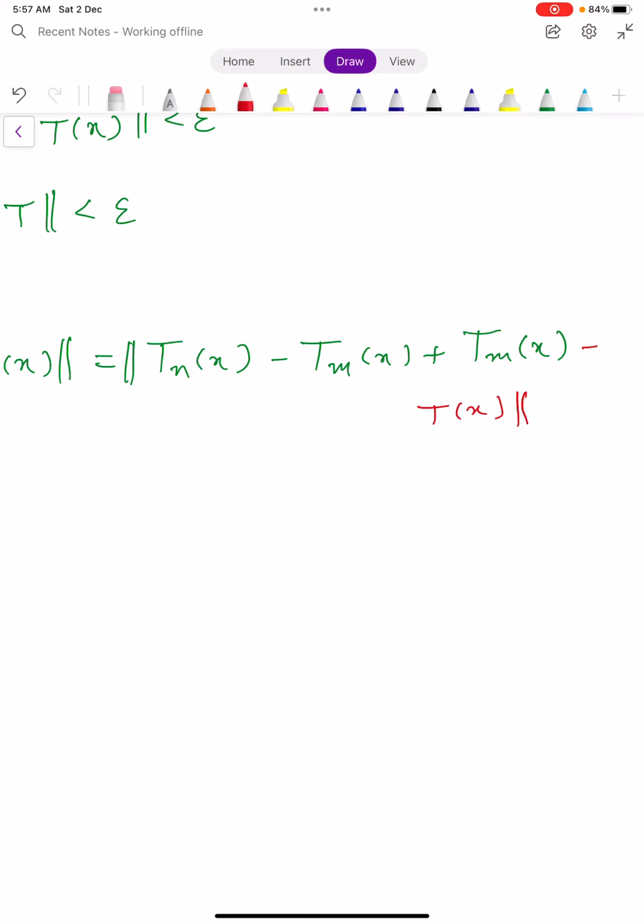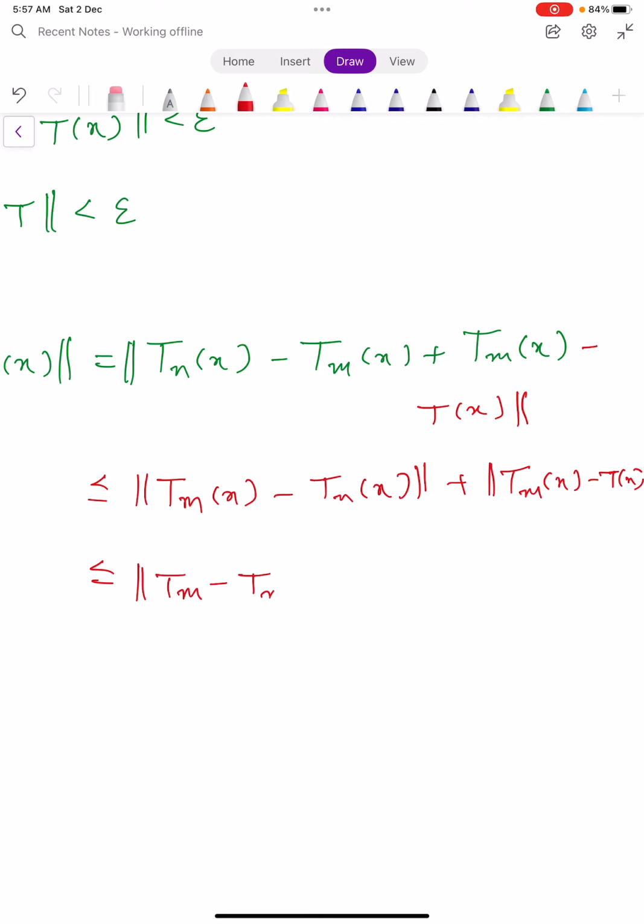So split them out, less than or equal to norm Tm of x minus Tn of x plus norm Tm of x minus T of x, which is less than or equal to norm Tm minus Tn into norm x plus norm Tm minus T into norm x, which is less than or equal to epsilon plus epsilon, 2 epsilon.